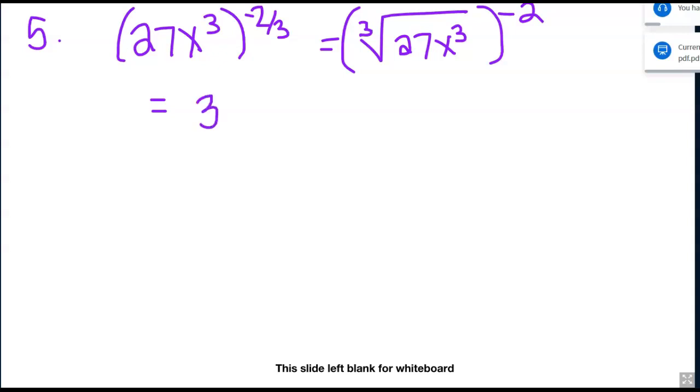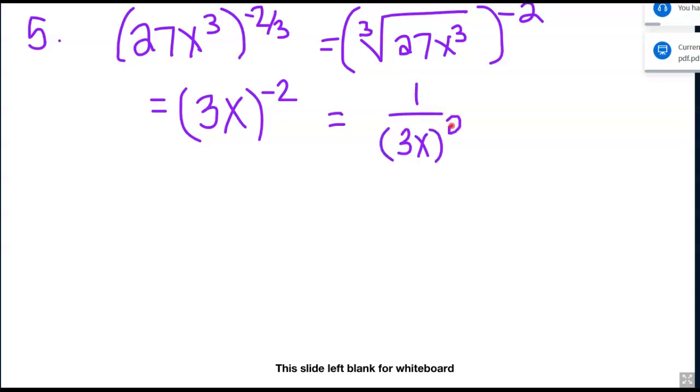The cube root of x cubed is x. So the negative 2. That means I get 1 over 3x squared, which is the same as 1 over 9x squared.